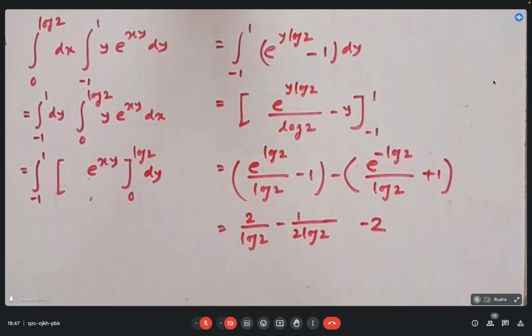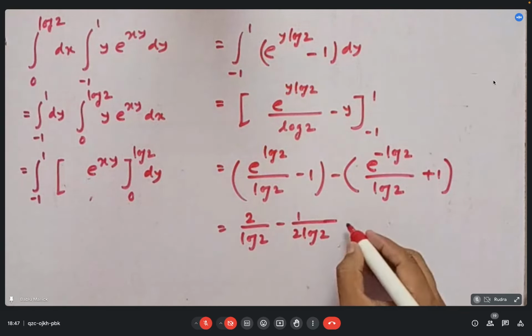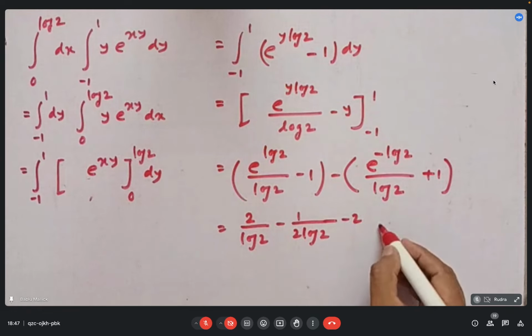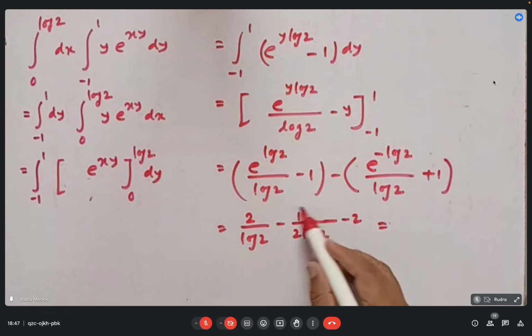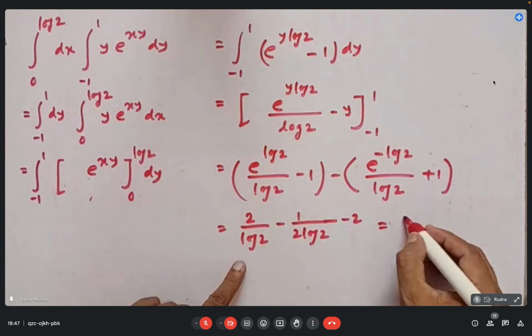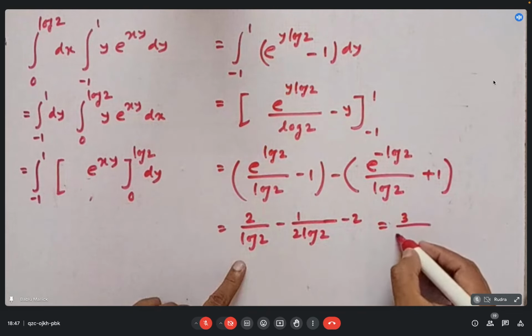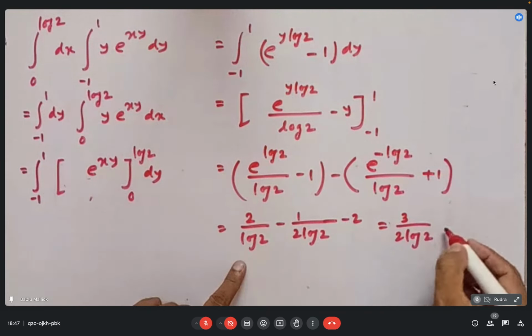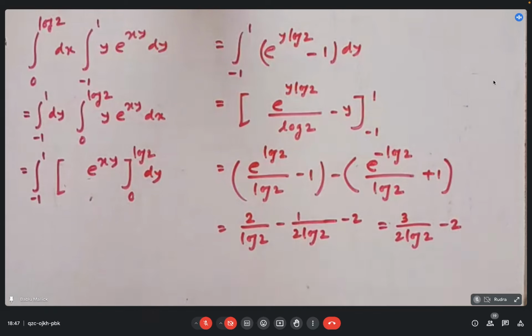So after simplifying, if you take LCM, this will be 3 divided by 2 into log 2 minus 2. Three by 2 log 2 minus 2.